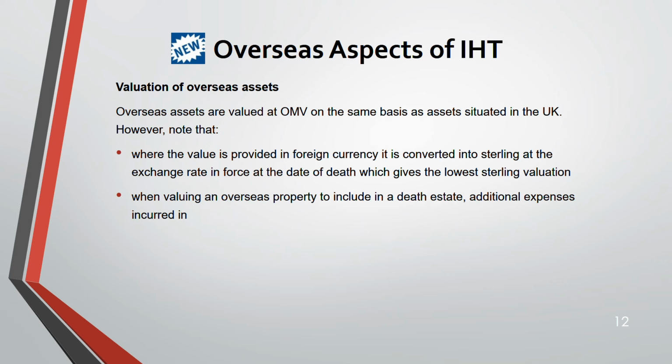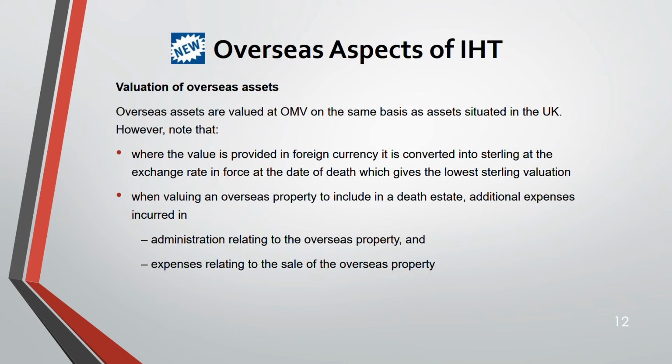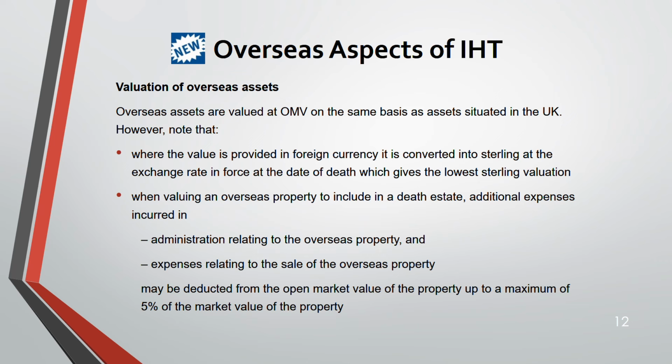Next, when valuing an overseas property to include in a death estate, you have additional expenses incurred in administration related to the overseas property and expenses related to the sale of the overseas property. You have to take it, but you have to deduct 5% from the open market value, because you can only deduct the expenses up to 5%.